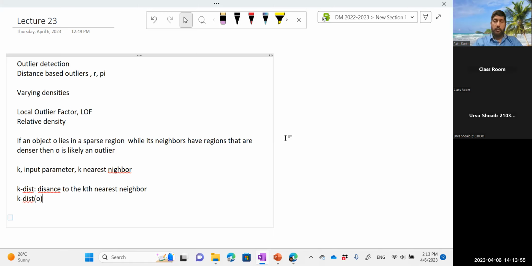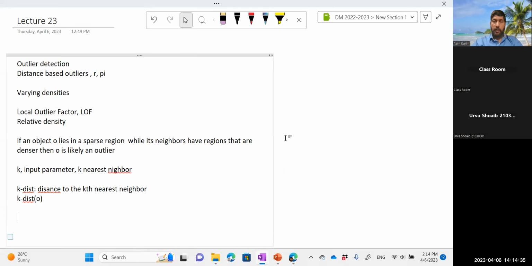So let's say if K is 2, there will be a first nearest neighbor, a second nearest neighbor, and the distance of the second nearest neighbor from this O will be the K distance of this object. Obviously if K is larger and you have the same data set, this K distance would increase. So you are looking at the kth neighbor of that object. If K is 1, then you're looking at the nearest neighbor and its distance from this object O. So this is the K distance.